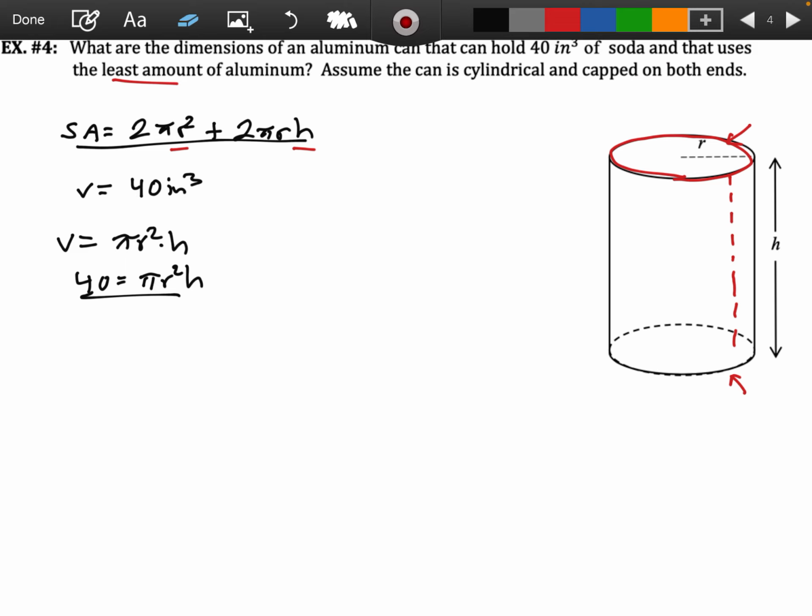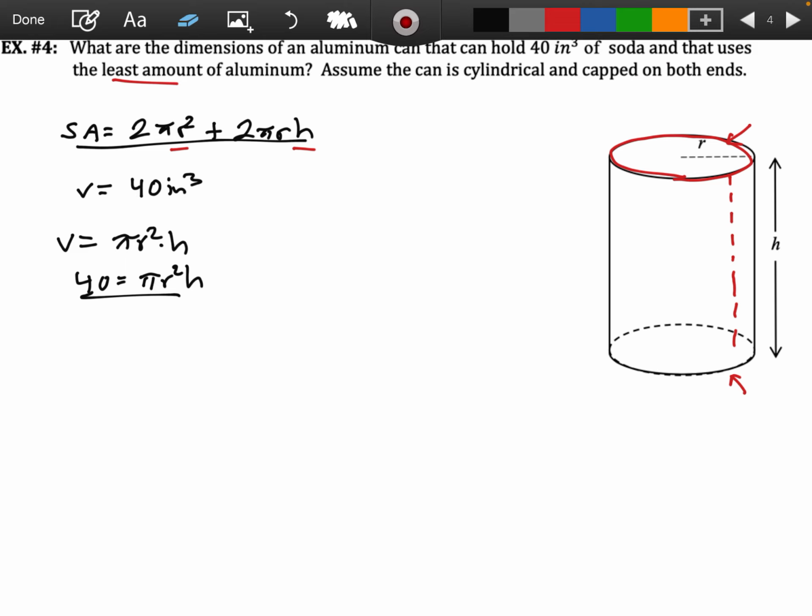I want to have the surface area expressed in terms of the radius, because that's obviously a big part of the problem. Like if you're talking about the volume of a cylinder, the radius is important.